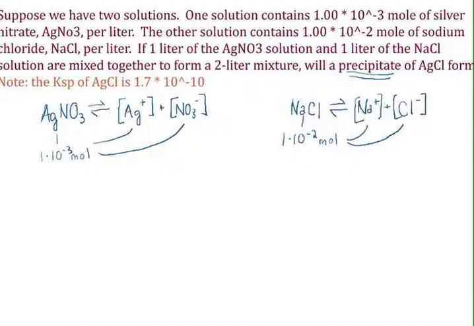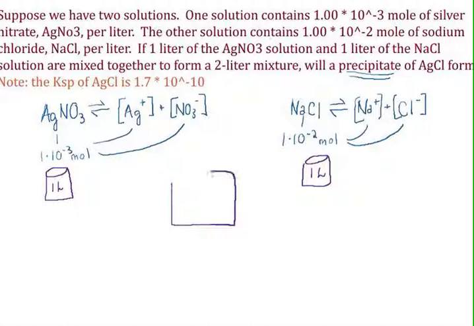Now here's the tricky bit. This is the bit that might not be the most intuitive in the world. These concentrations, remember, are for 1 liter of water each. But remember, we're dumping them both together.